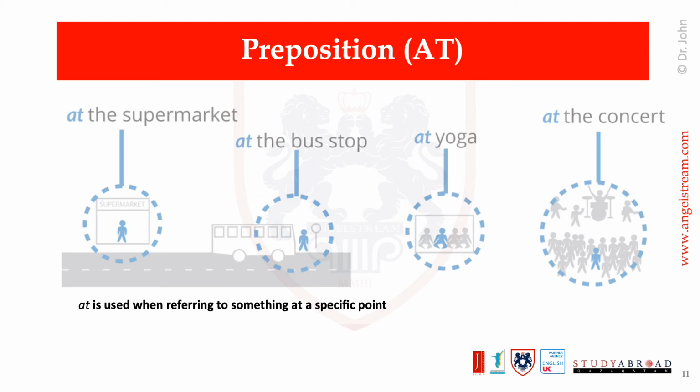You can say, I'm at home, and at the same time, you can say, I am in my cabinet. This is at, used in a general context, and in is used because you are talking about the boundaries. In my example, it is going to be my cabinet.